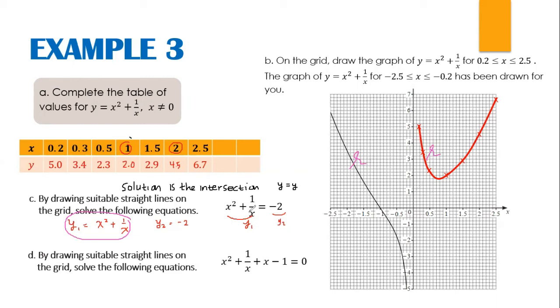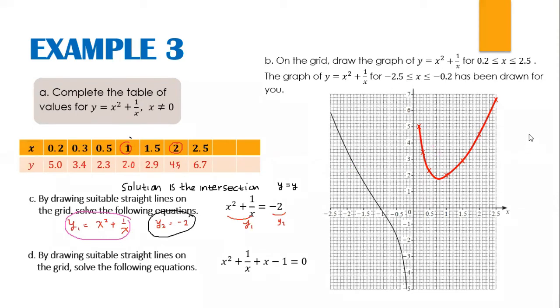Now our job is to draw the straight line y2 equals minus 2. You have to draw this one on the grid. Is it clear to you, everyone? Now we are going to draw y2 equals minus 2.